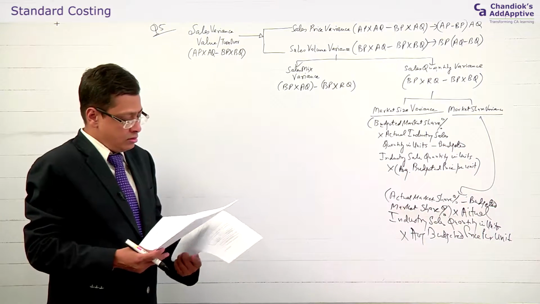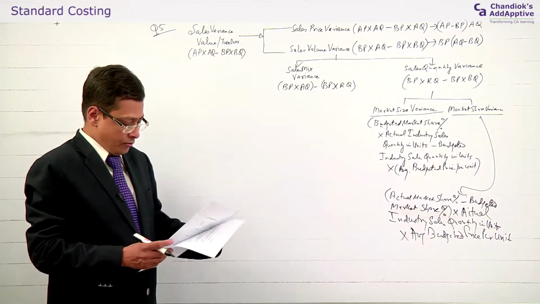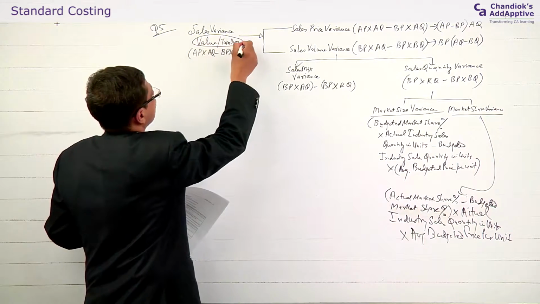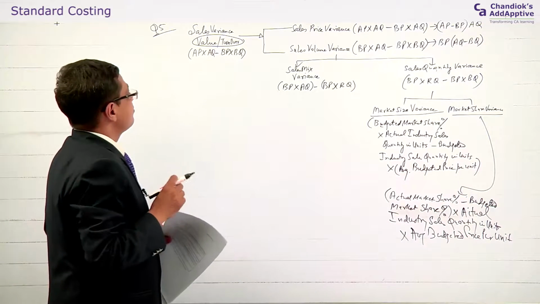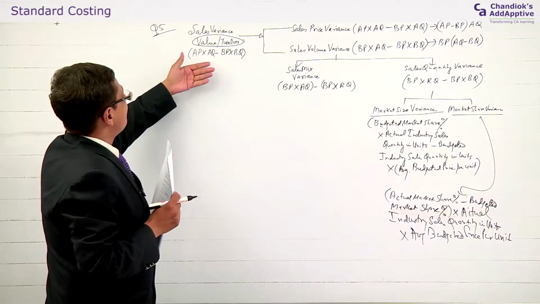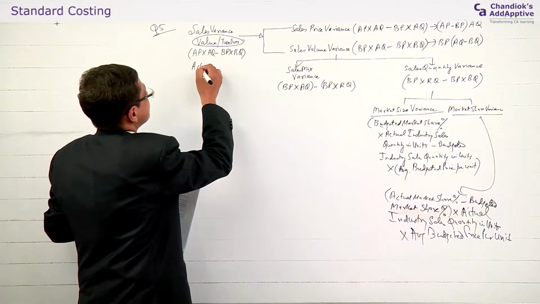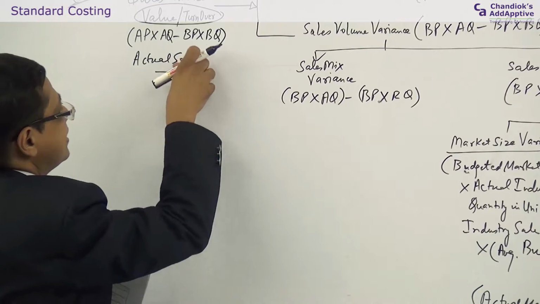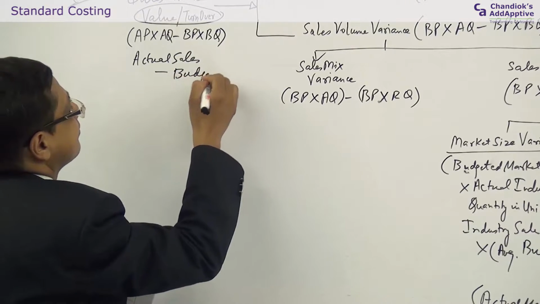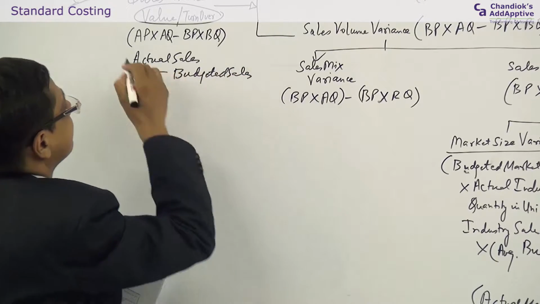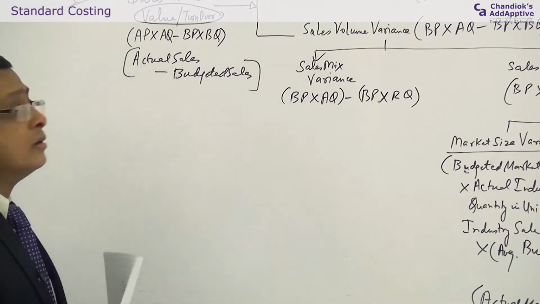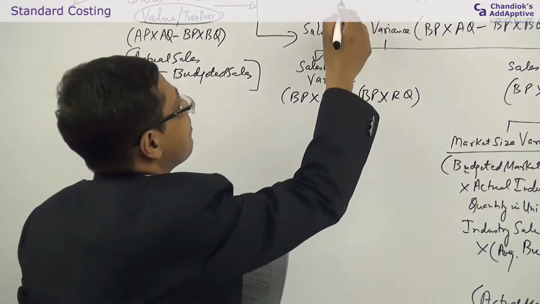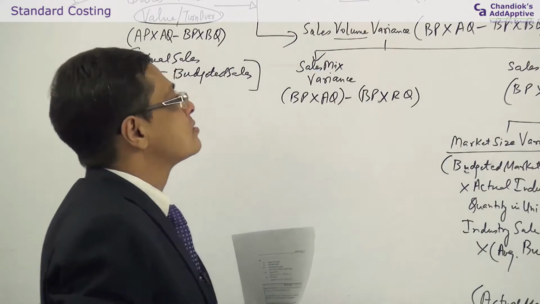Let me explain you the different elements very clearly. This variance relates to value or turnover, right? So, we are comparing actual sales here with respect to budgeted sales. Right? This is broken down into two parts: sales price variance and sales volume variance.